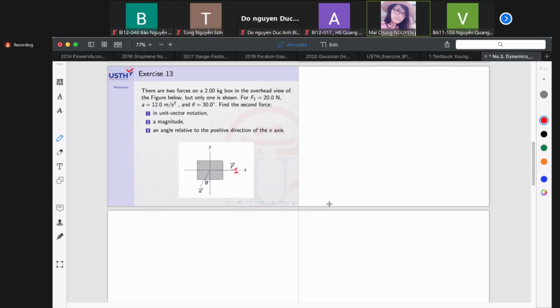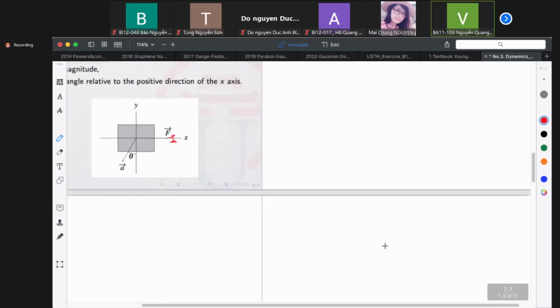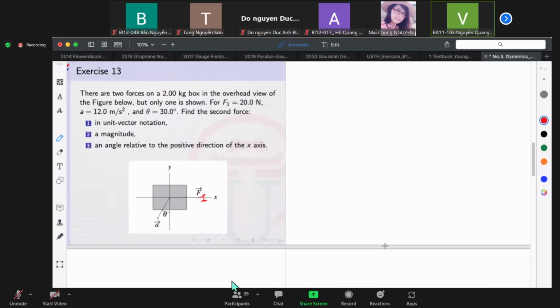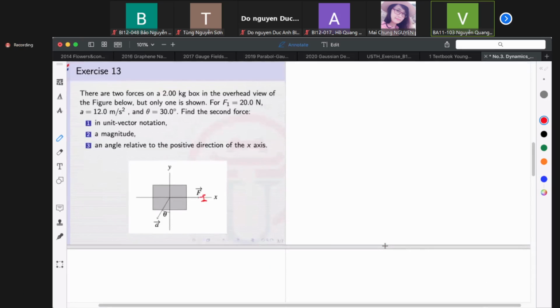Why do we need to find Fnet? Because when we need to find the second force, first we find the total force of F.